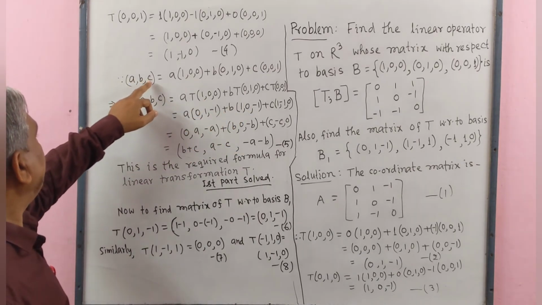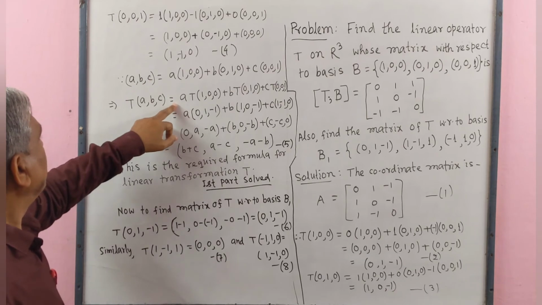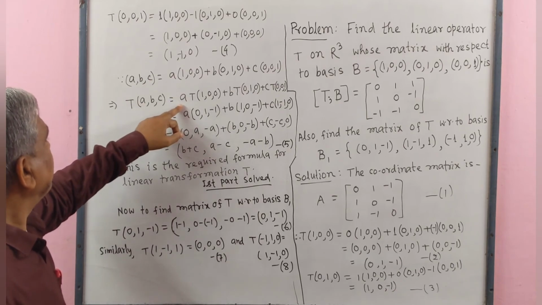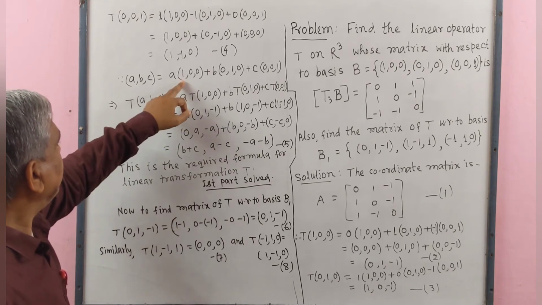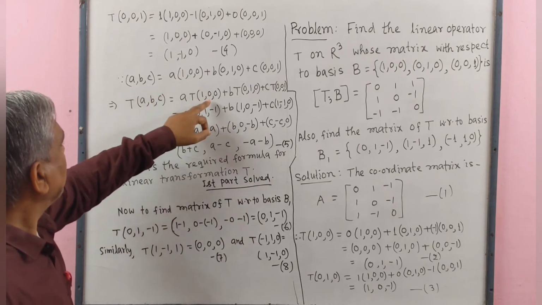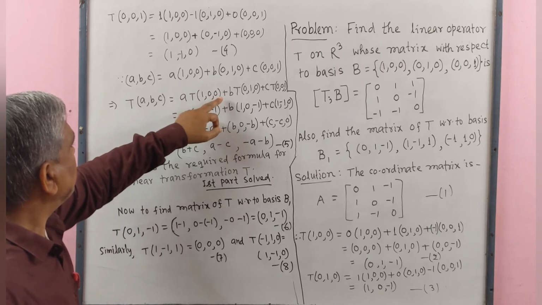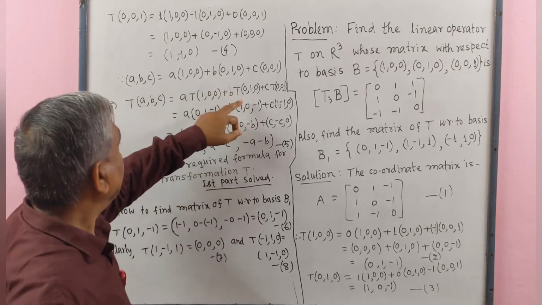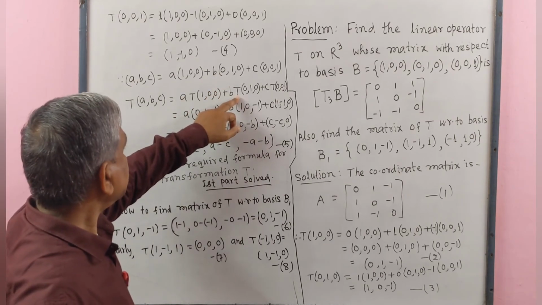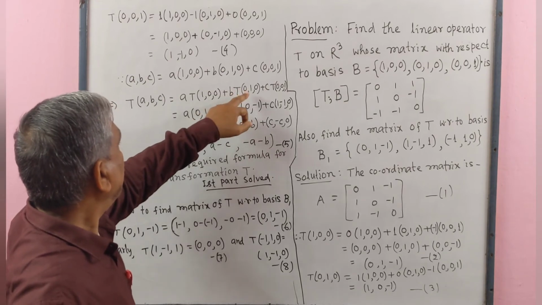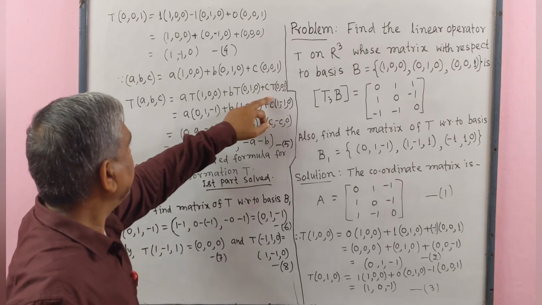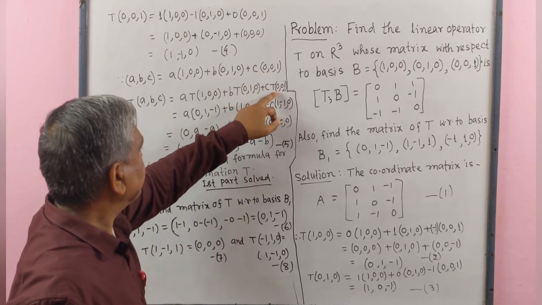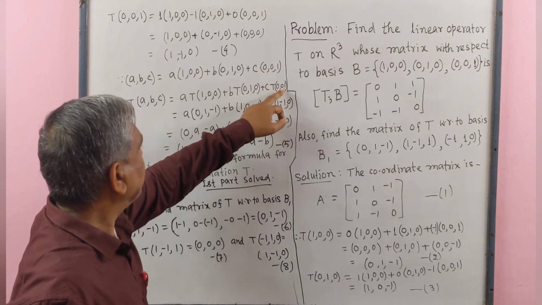T(a, b, c) equals a outside, since T is a linear transformation, so we get T(1, 0, 0) plus b outside T(0, 1, 0) plus c outside T(0, 0, 1).